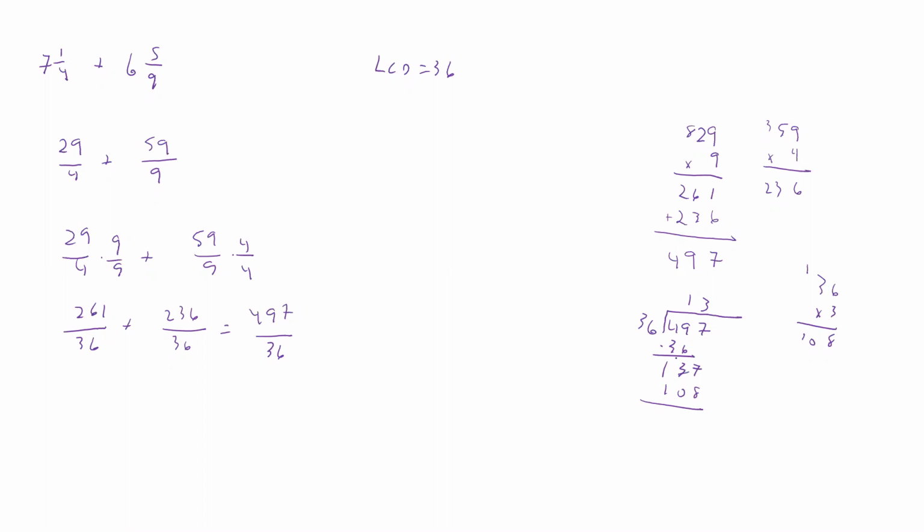So now we have to borrow here, and we get 497 minus 468 is 29. So now this reduces to 13, and we have a 29 over 36.